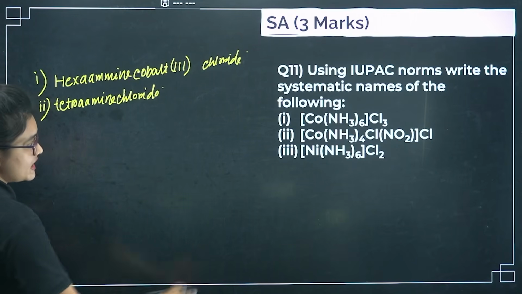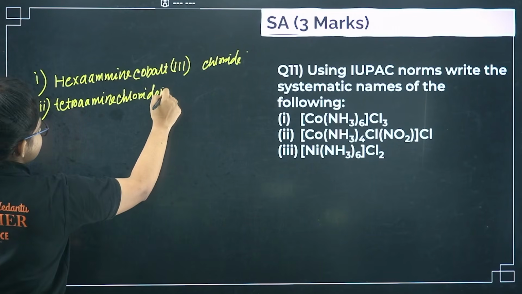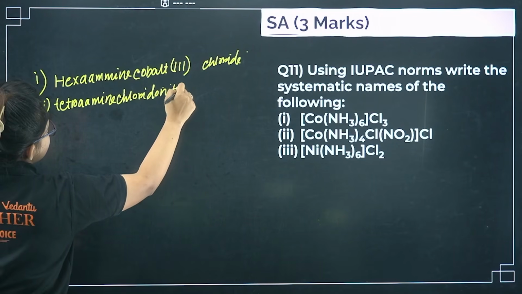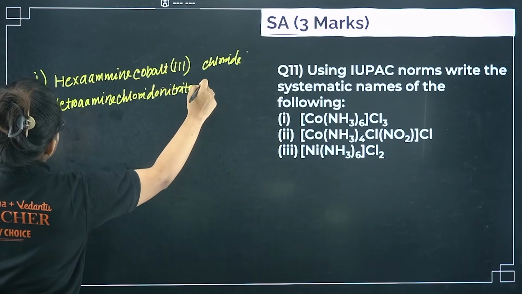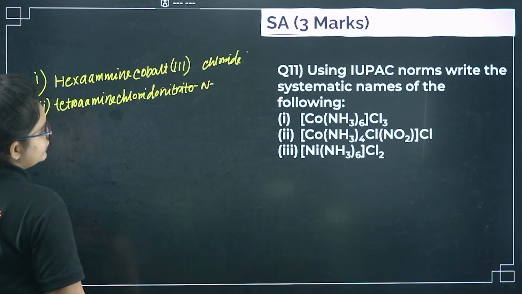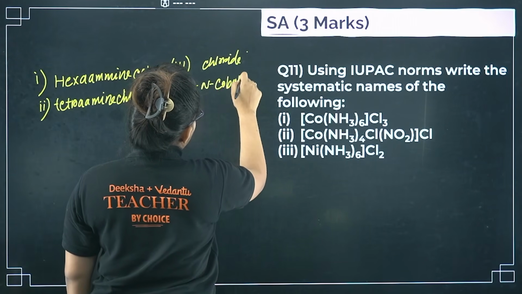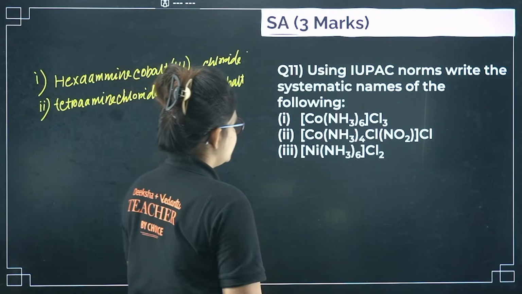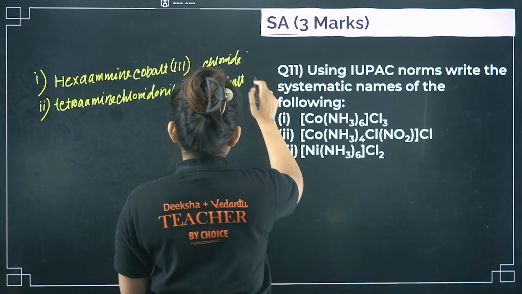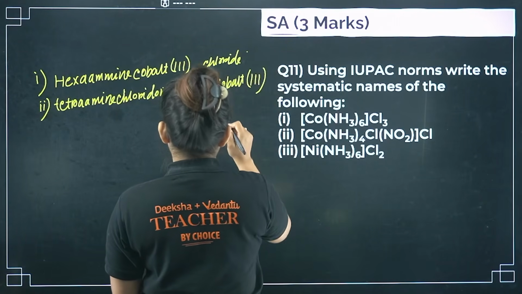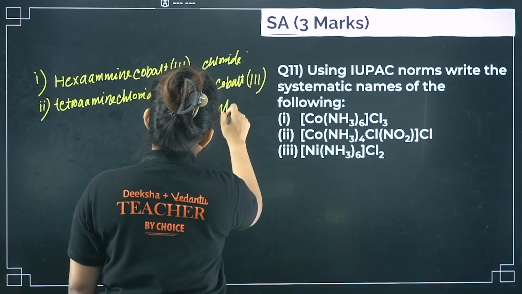Nitrito is an ambidentate ligand, it is binding from the nitrogen end, so you have to write nitrito-N, then finish with cobalt. Here the oxidation state will come as 3. Then you have to end with the anionic part, that is chloride.